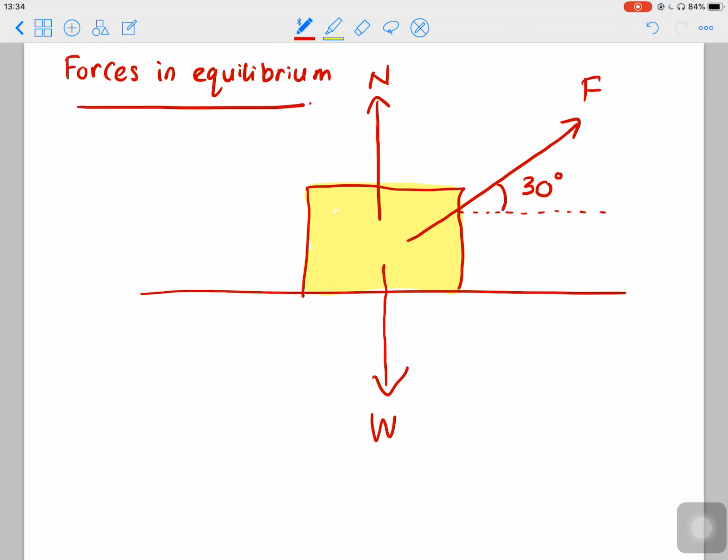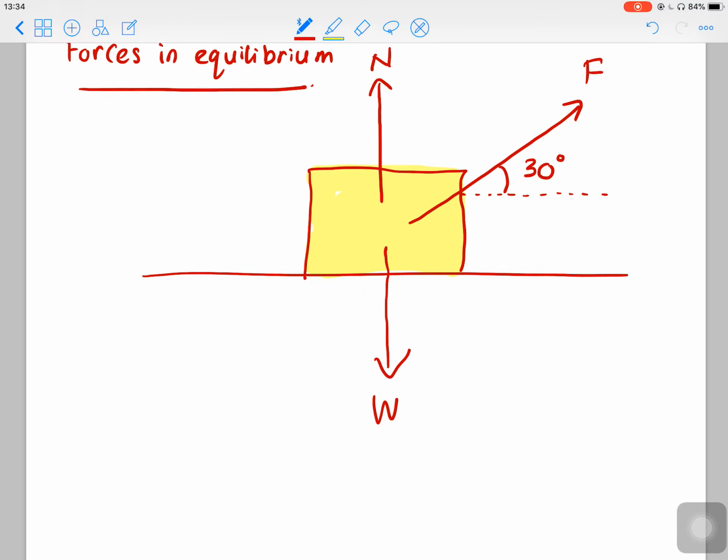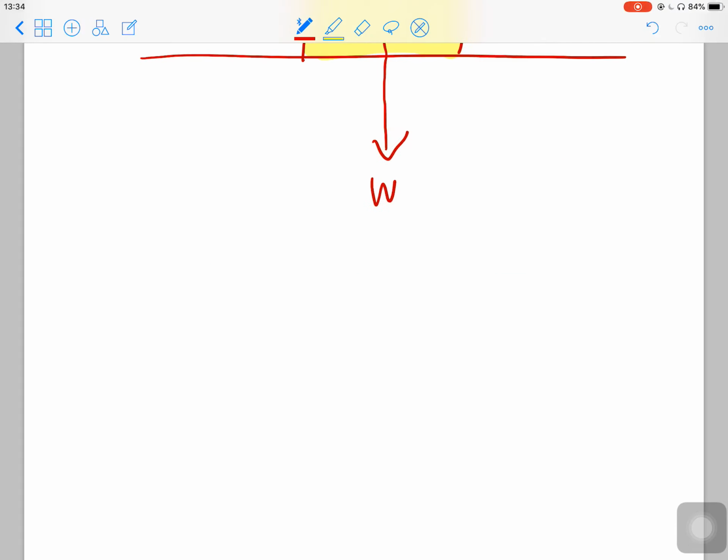So we can solve this based on the triangle, all right? I'm just going to hold this diagram for a while, and I'm just going to copy the applied force. So we have F and we have 30 degrees over here. This F is in between the X and Y components. So we can solve for the Fx and also for the Fy. We can make this a triangle by moving the Fy to the right.